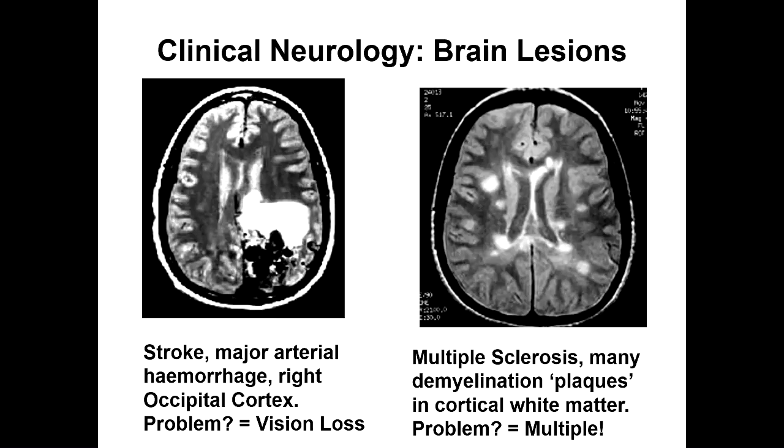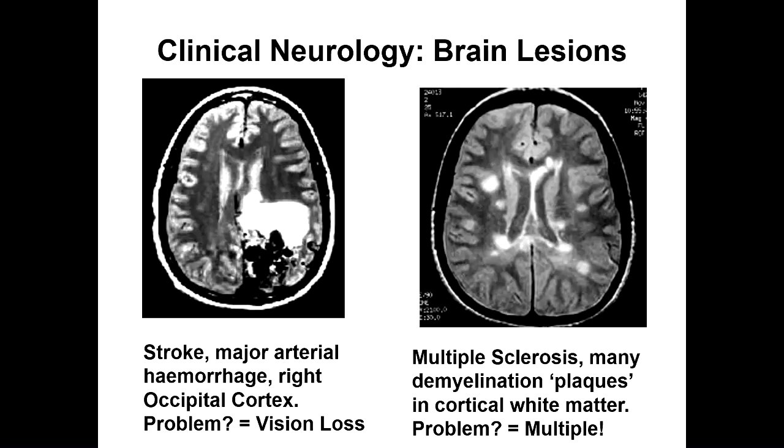That's why they've used a T2 weighted scan here to show up the intact white matter in black so that they can see these sclerotic plaques of damaged white matter very clearly in the MRI scan.